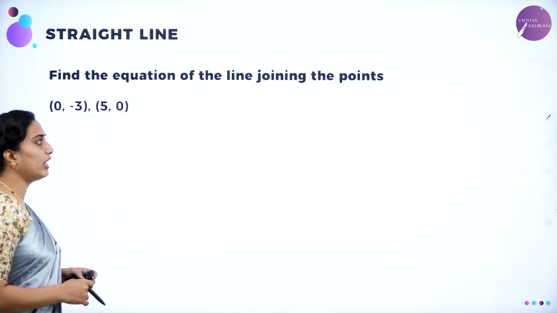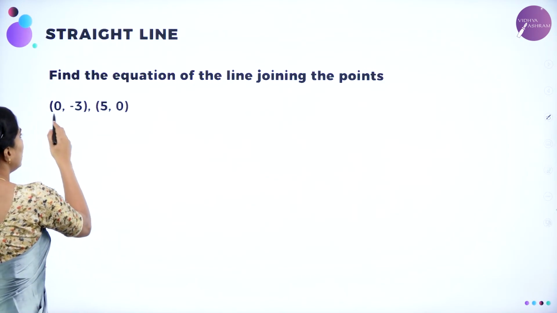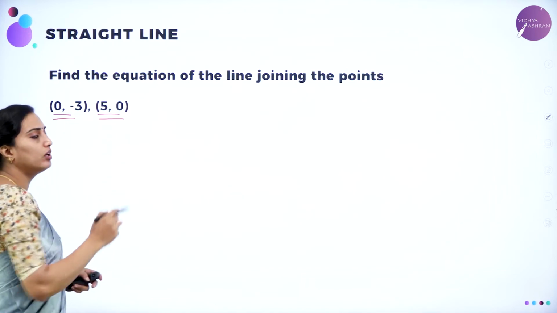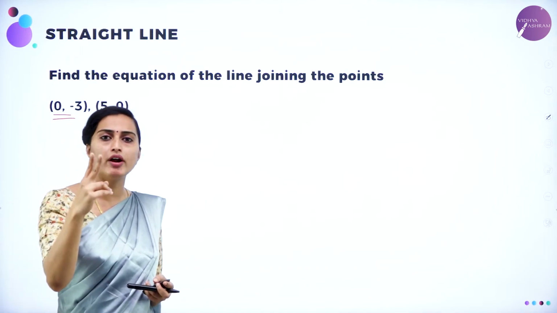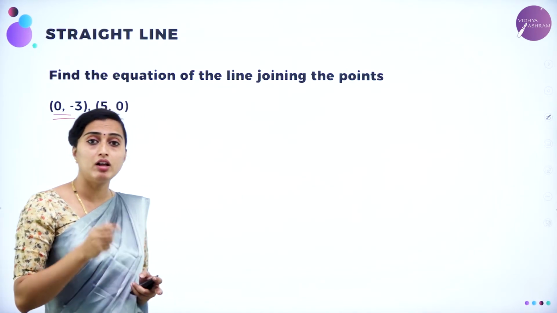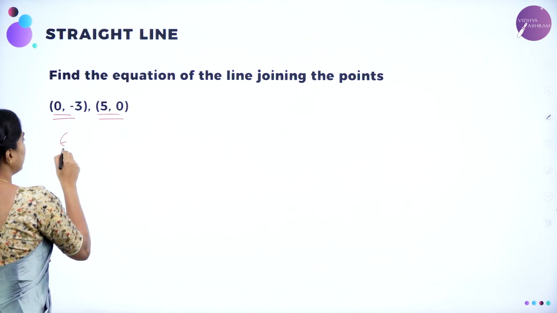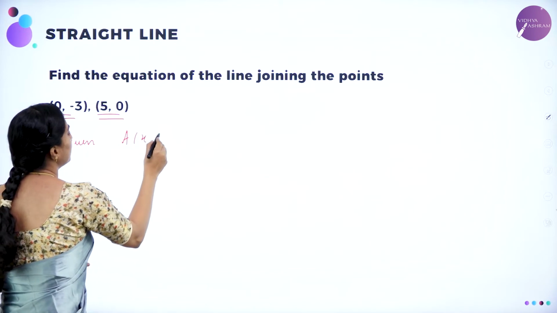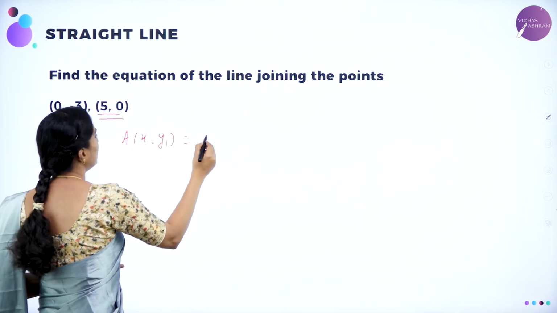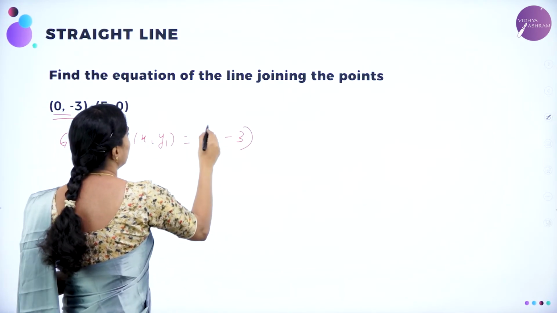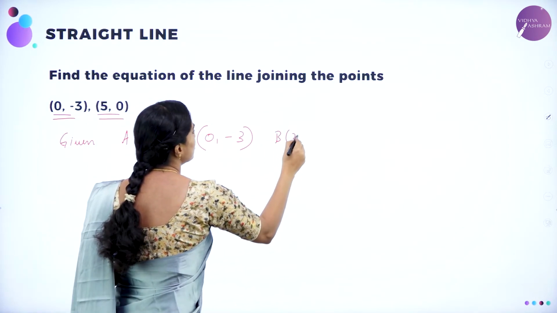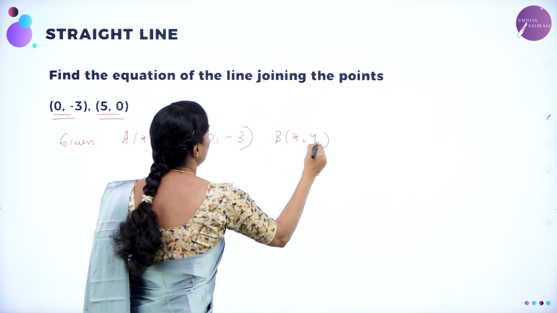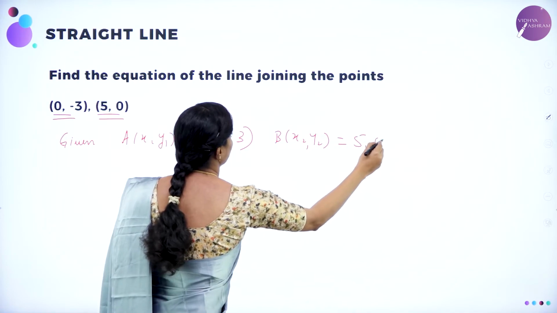Find the equation of the line joining the points (0, minus 3) and (5, 0). Here, how many points have they given? 2 points. We know the 2-point formula. So, taking A of x1, y1 is equal to (0, minus 3), B of x2, y2 is equal to (5, 0).